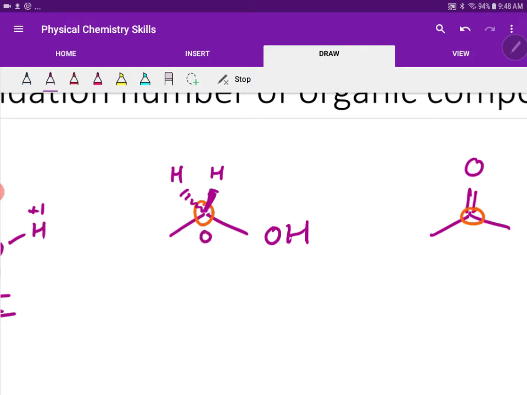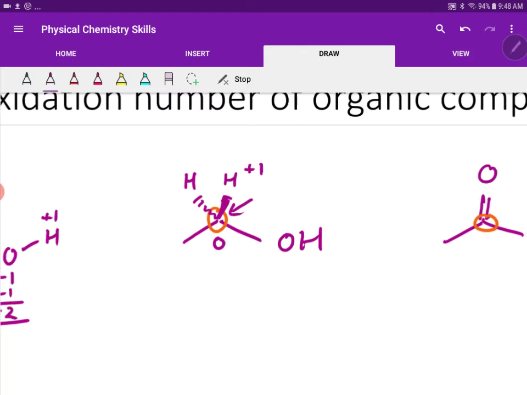This carbon versus this hydrogen: hydrogen is less electronegative, so it gets +1, and this carbon gets -1. The same applies for the other hydrogen. Now I compare this carbon with this oxygen. The oxygen is more electronegative, so this gets -1 and the carbon gets +1. Altogether, you will get -1.